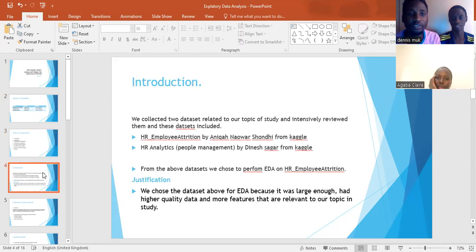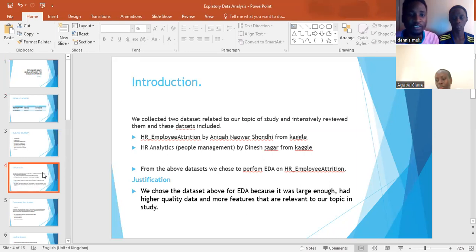So, introduction. We collected 2 data sets related to our topic of study and intensively reviewed each one of them. These 2 data sets are HR employee attrition and HR analytics. From these 2, we chose the best one, HR employee attrition, to perform our EDA on.